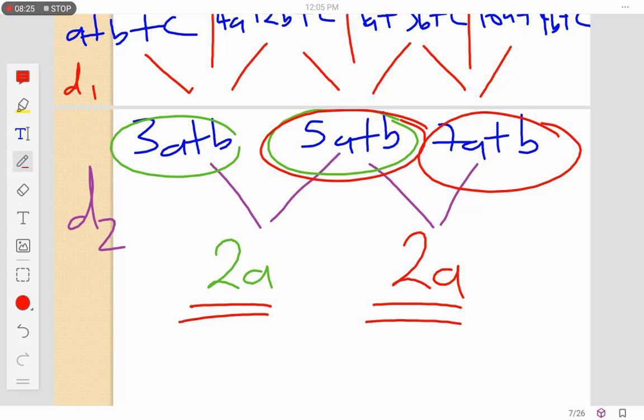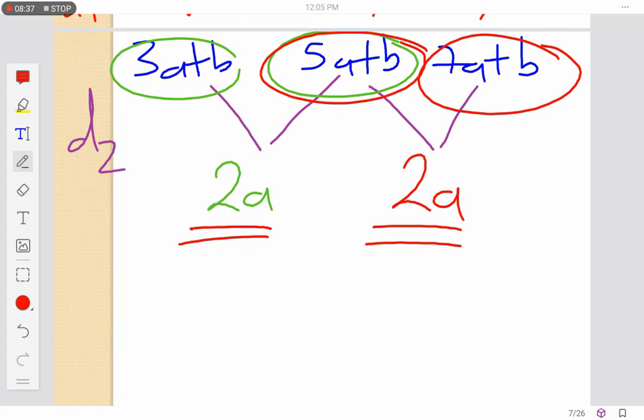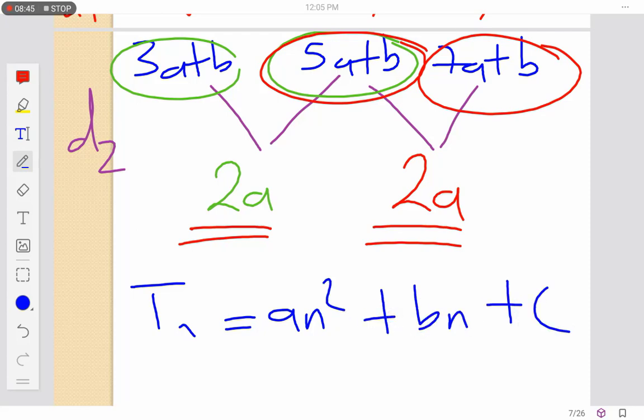Having that information, we are going to apply this to calculate and solve other problems. Remember our formula for our quadratic sequence: Tn is equal to an squared plus bn plus c. The c and the b are constants.